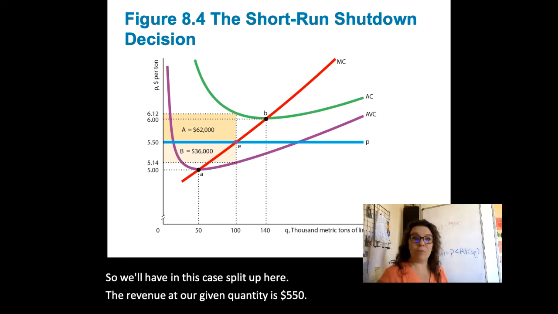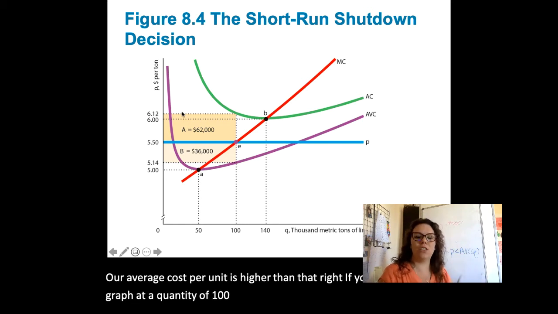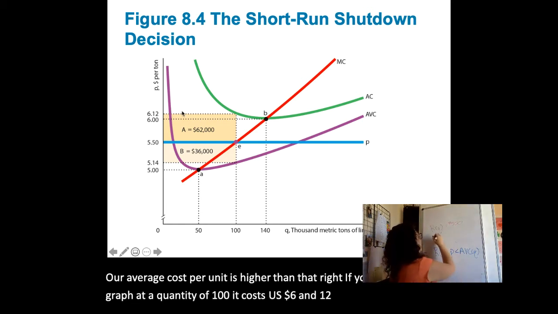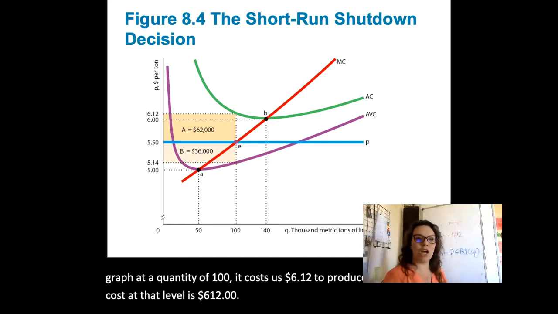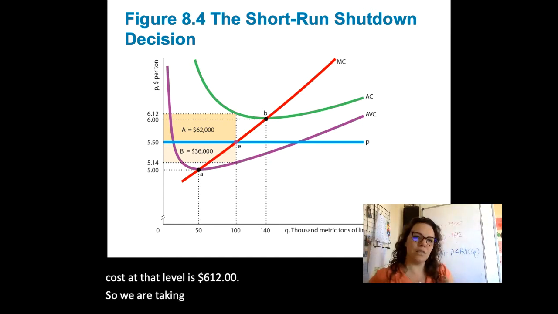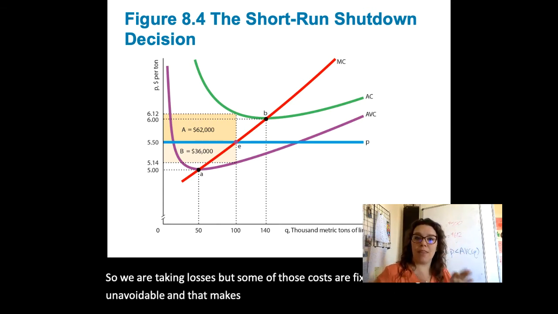Our average cost per unit is higher than that, right? If you look at the graph at a quantity of 100, it costs us $6.12 to produce each unit. So the cost at that level is $612. So we are taking losses, but some of those costs are fixed, meaning they're unavoidable, and that makes them sunk. We have to pay them no matter what.